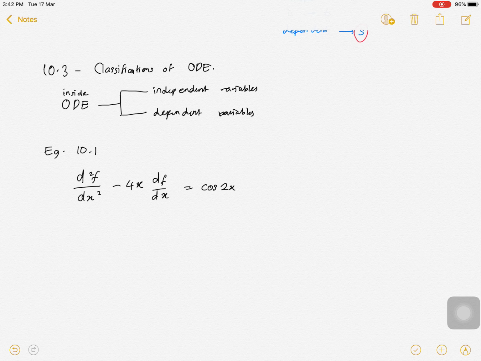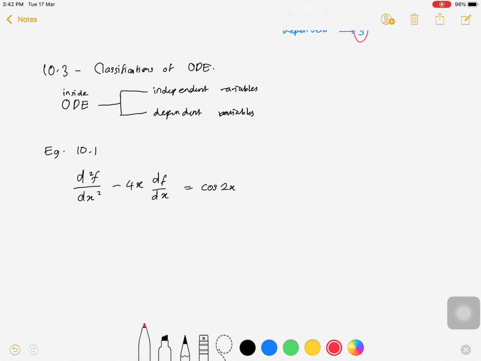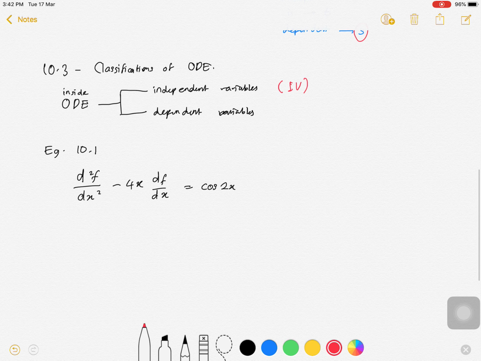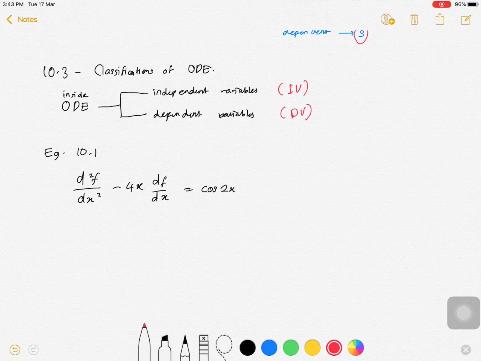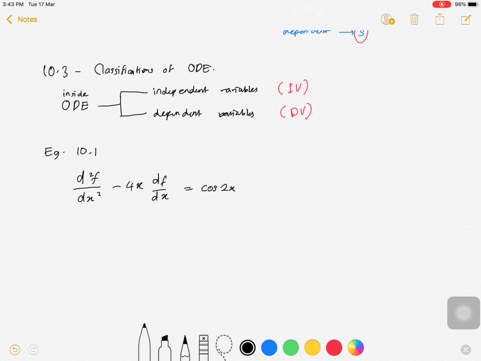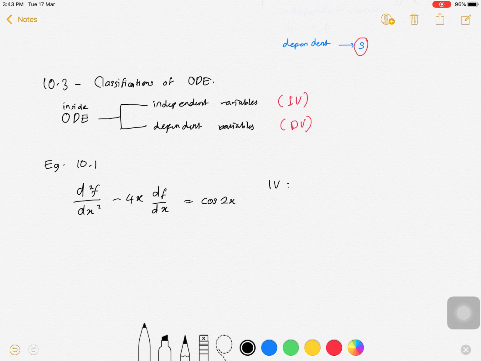I can simplify and just write IV, and for the dependent variable, DV. So IV is x.